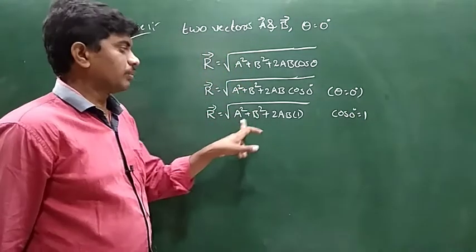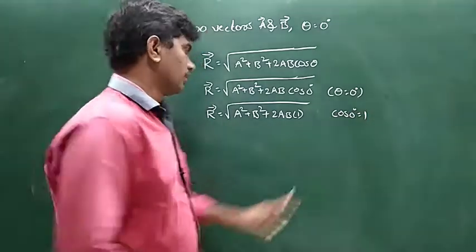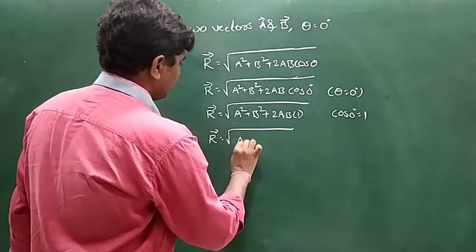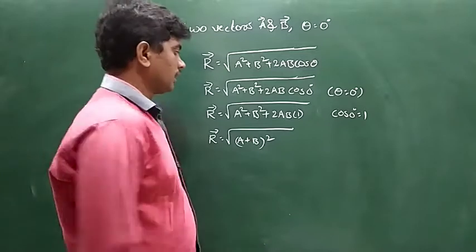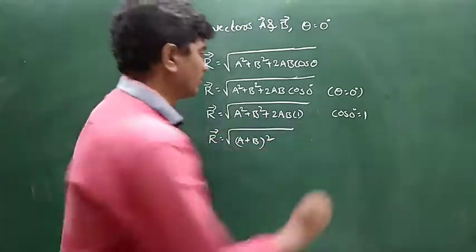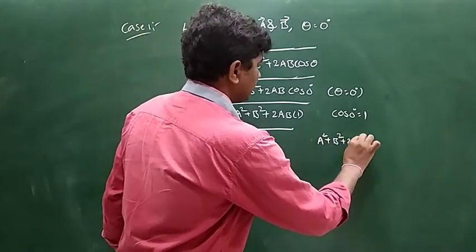So this is A square plus B square plus 2AB, which is the formula of A plus B whole square. Therefore, R bar is equal to under root of A plus B whole square.